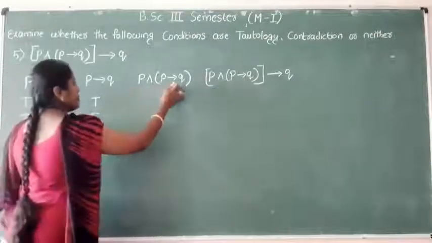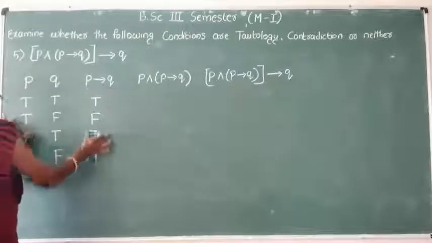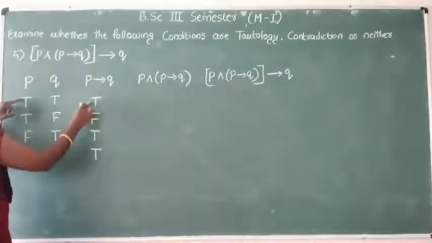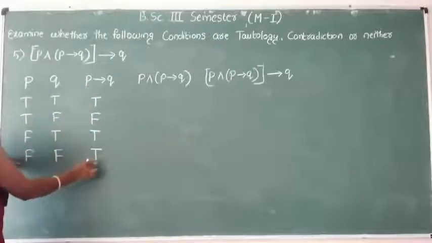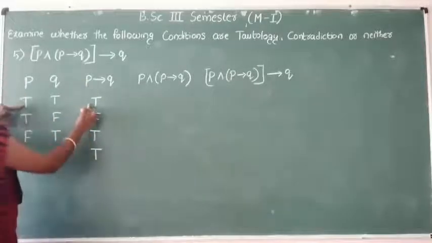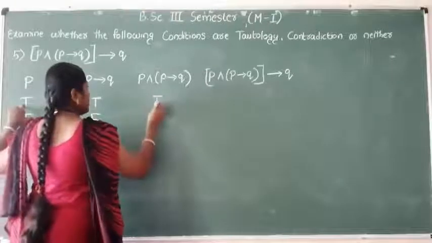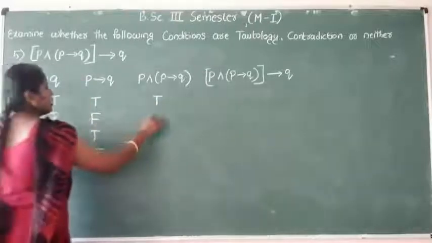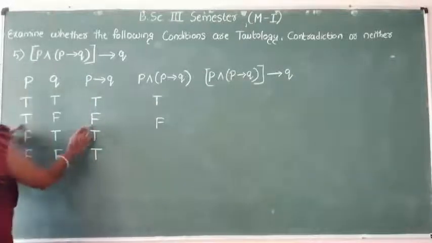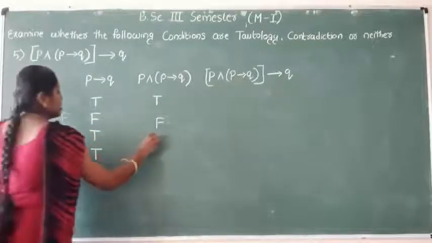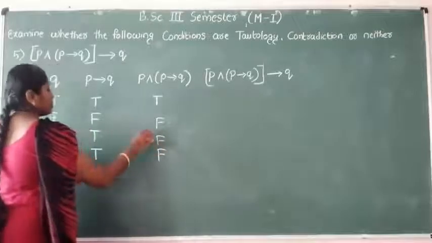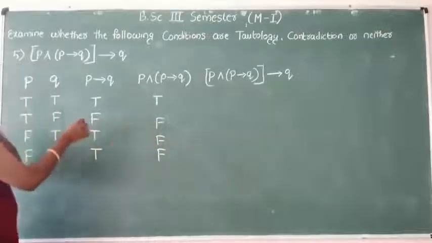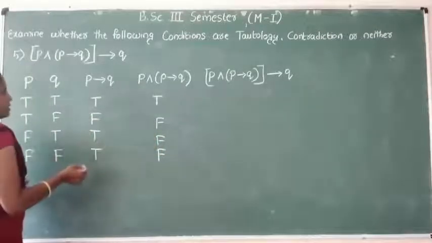P and (P implies Q): you have to see these two terms. If both are true, then it is true. In other cases, it is false, because the second condition is false; false, true is false.